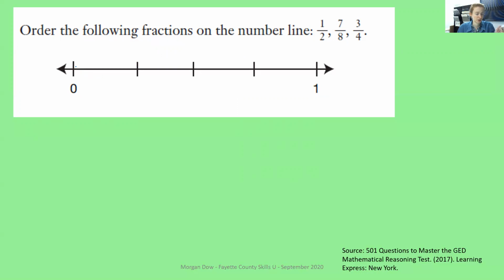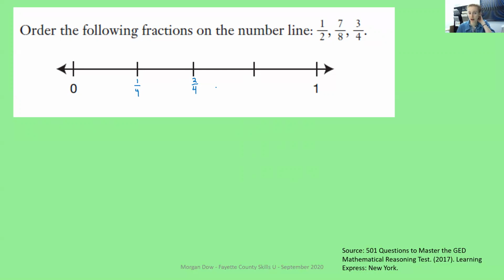Well, the space between 0 and 1 has been broken up into 1, 2, 3, 4 parts. So this whole number has been broken up into fourths. So this first part, traveling from 0 to my first little line, would represent 1/4. And then 2/4. What's another name for 2/4?